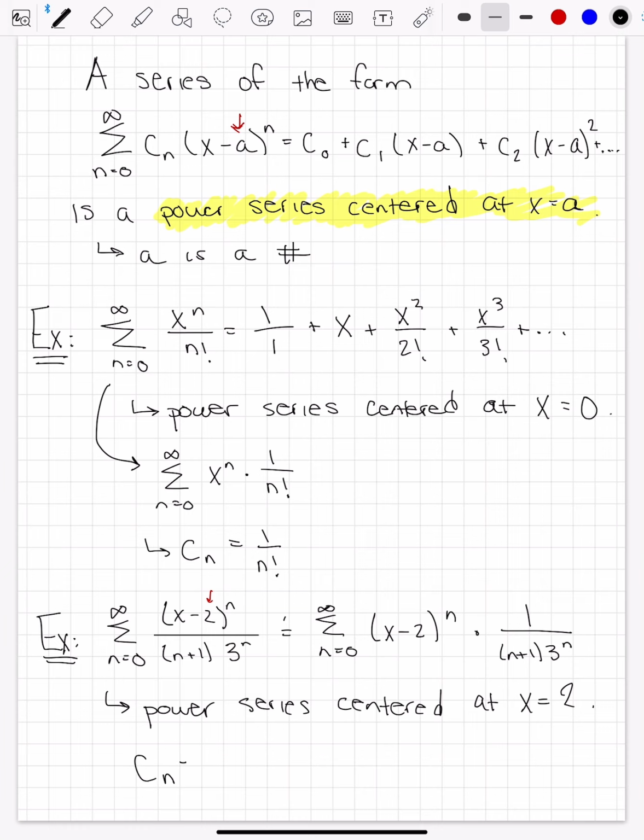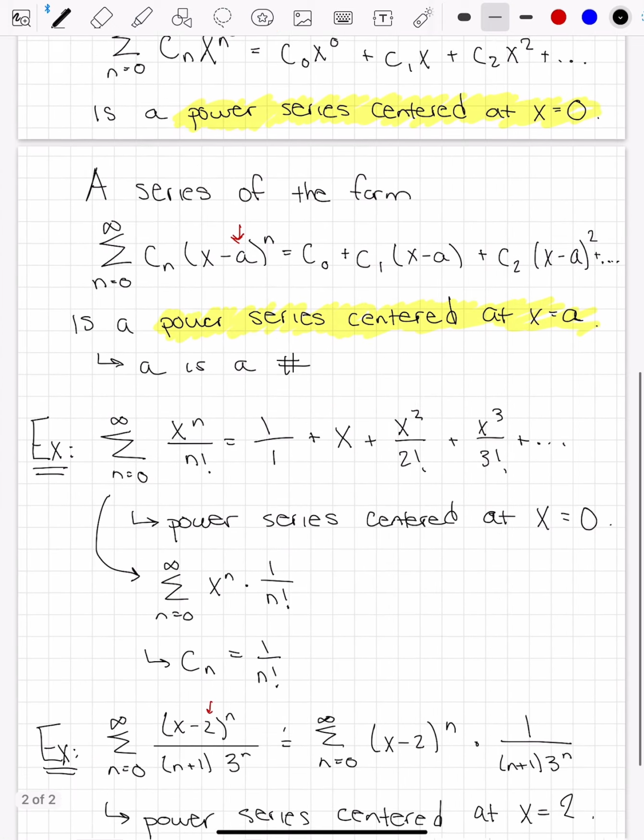So our Cn is just that, 1 over n plus 1 times 3 to the n. Okay, so hopefully that notation and that definition all makes sense to you.